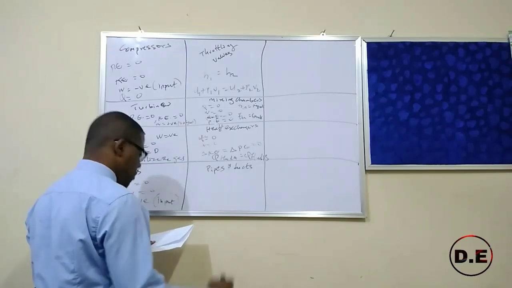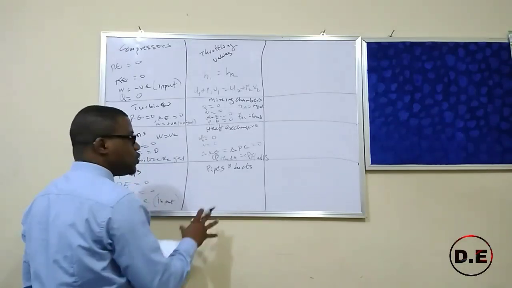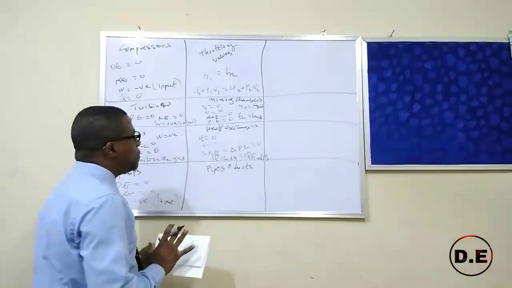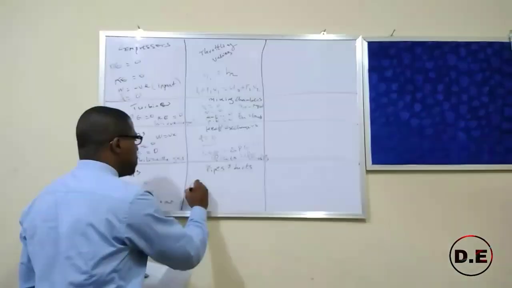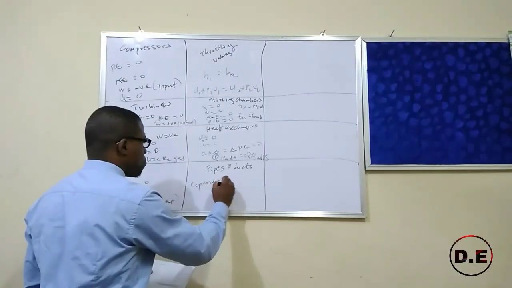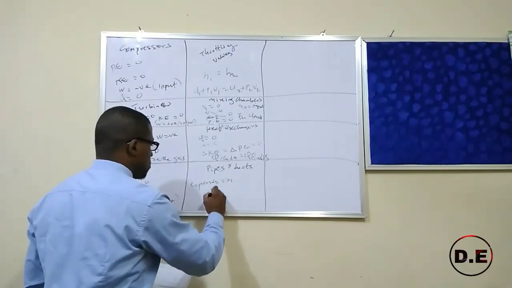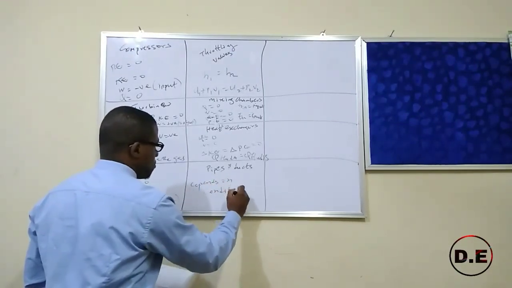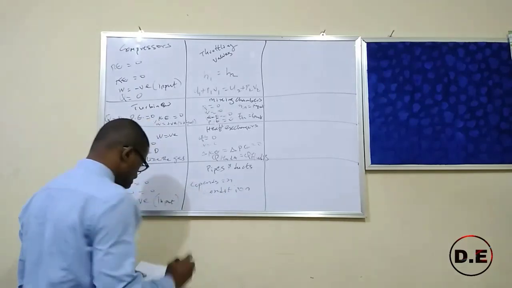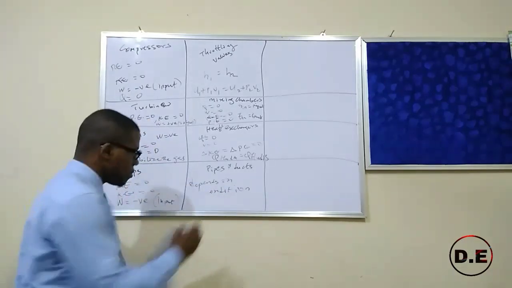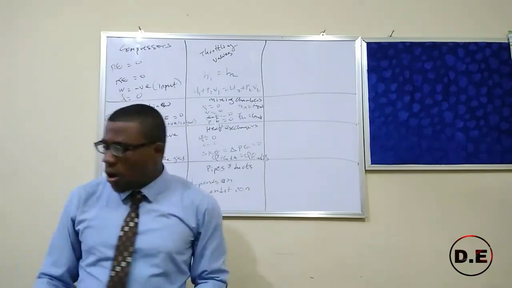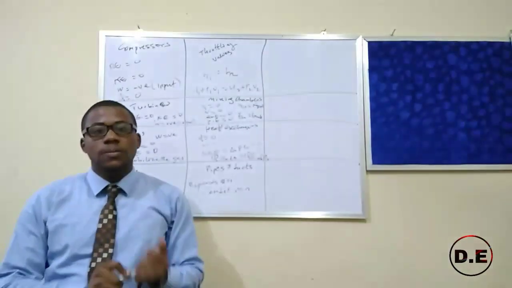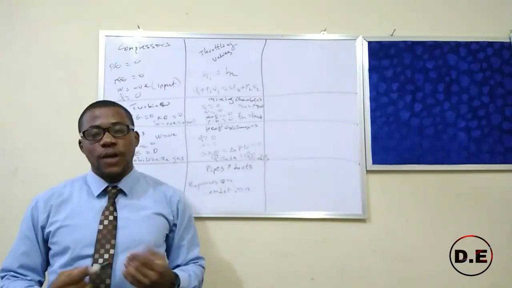For pipes and ducts, we cannot at this point say anything about this because the pipe could be insulated, it could not be insulated, so we just say it depends on condition. Okay, so with this we have covered most of the systems found in engineering.